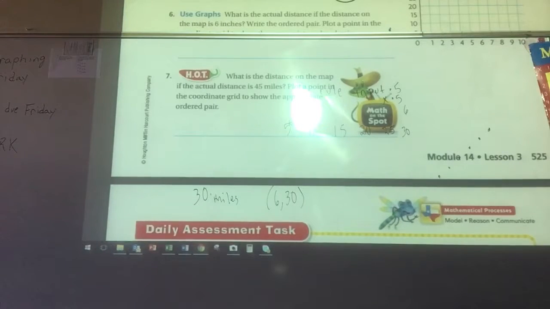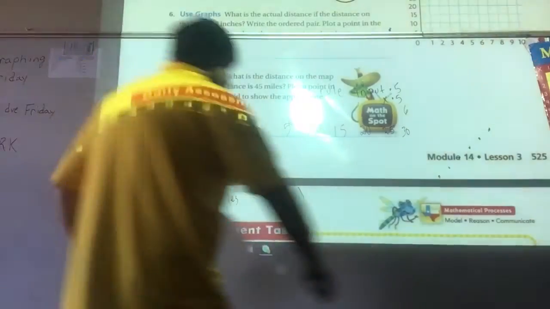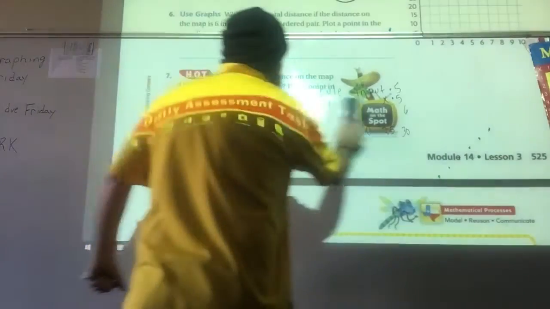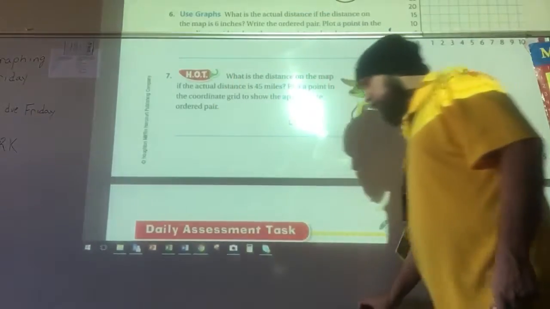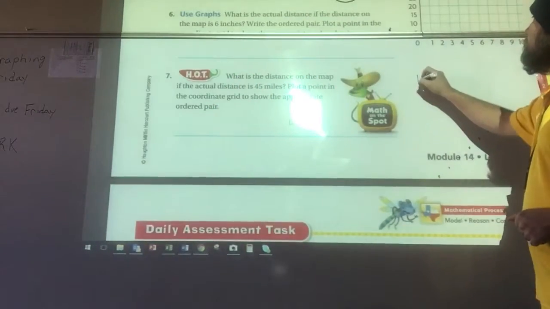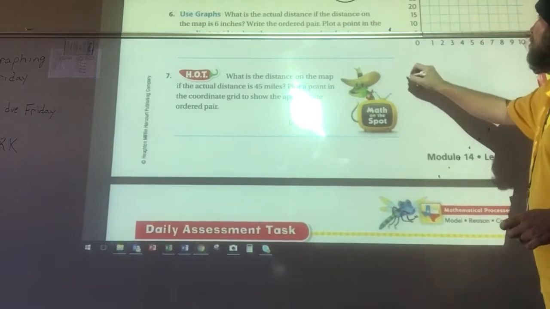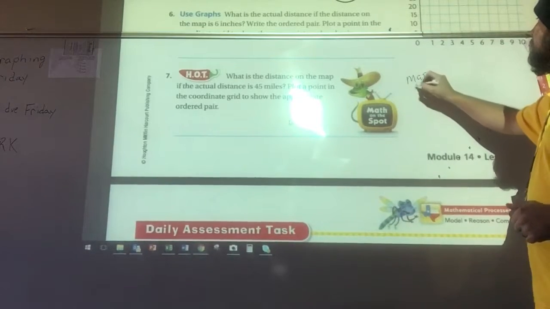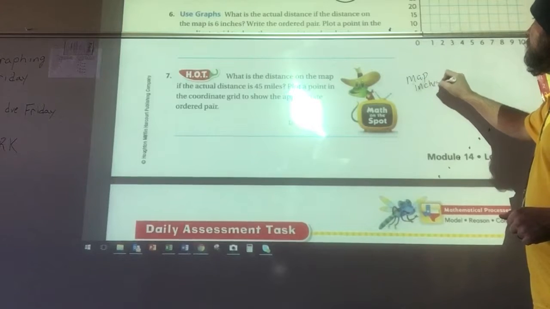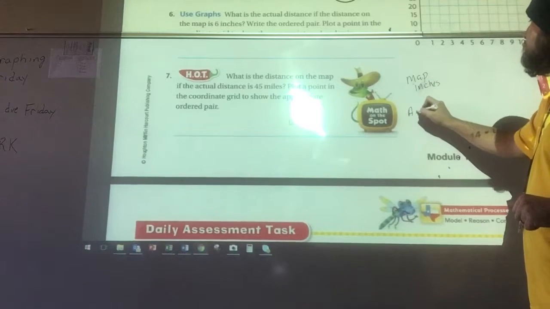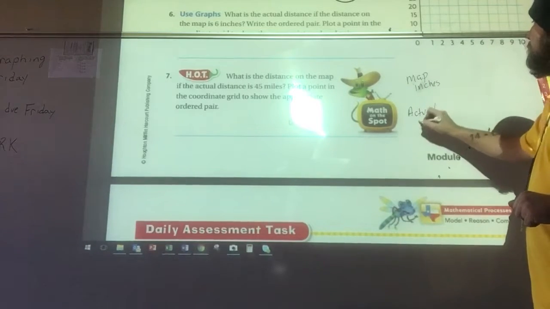Oh, now this is a good question. All right, so this one, and we don't have our input-output table together, but input was map inches. Output was actual miles.